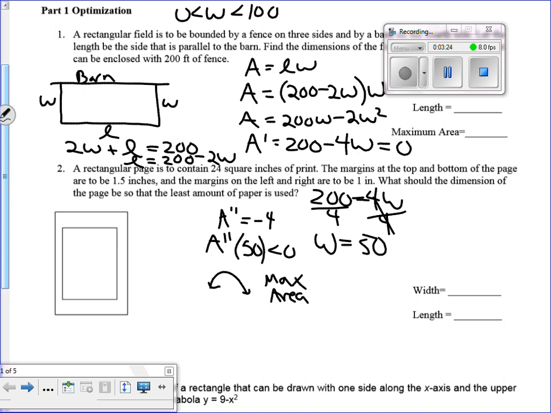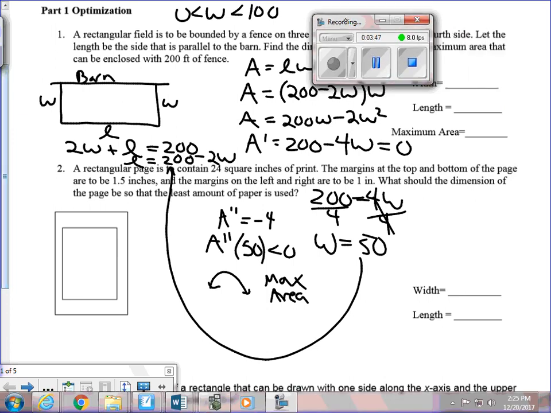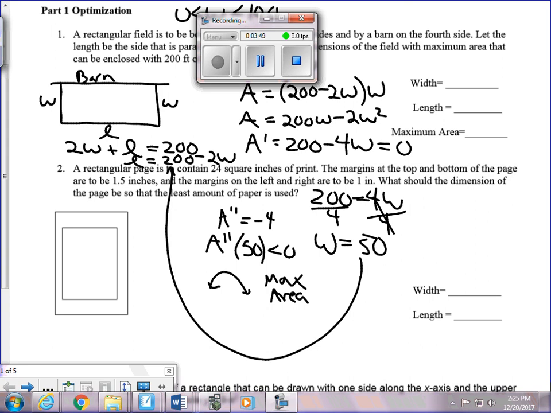So we know the width is 50. To get the length, go back to that secondary equation and plug in the 50 that you got for W to figure out that the length is going to be 100, because 200 minus 2 times 50 is 100. So the optimal width we found was 50.